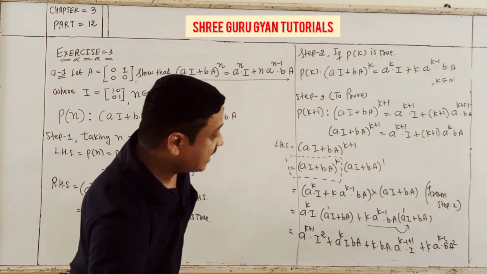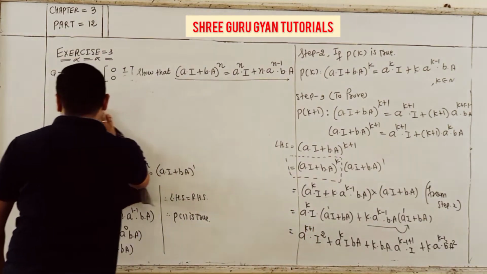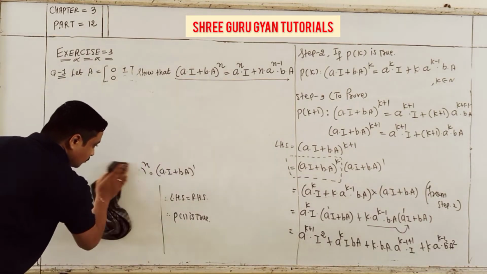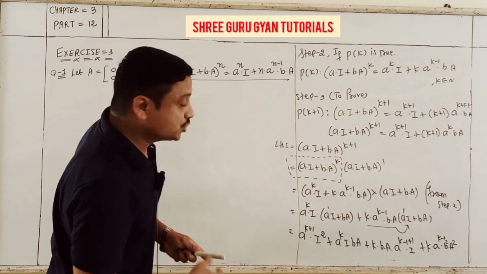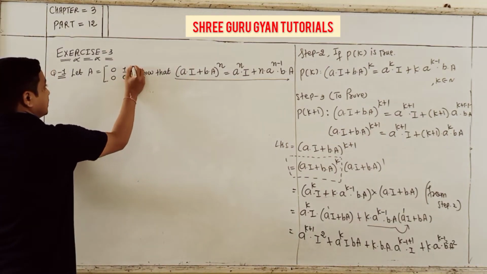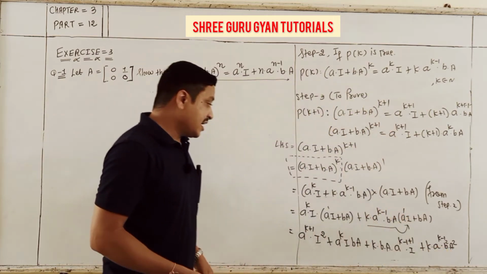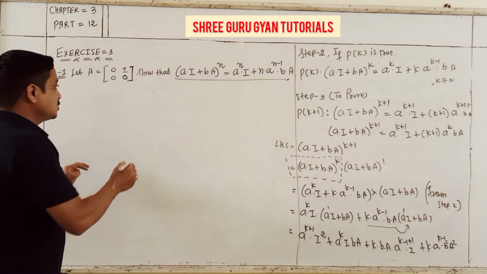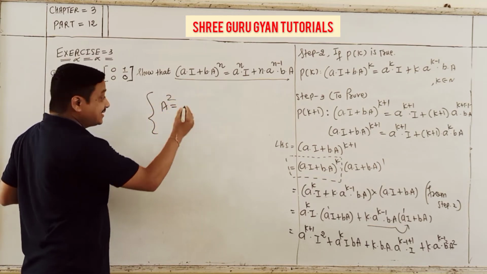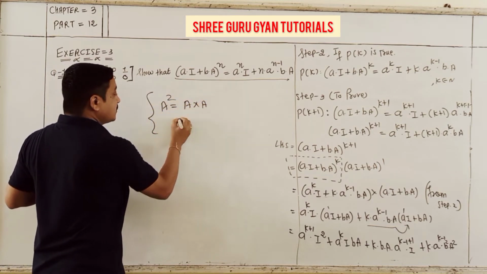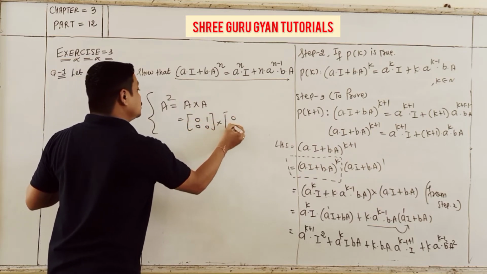After that I will move to my last steps to cover your answers. One more time I read our A as [[0,0],[1,0]], because I will utilize A squared and the other terms as they are. First, A squared is A into A, which is [[0,0],[1,0]] times [[0,0],[1,0]].